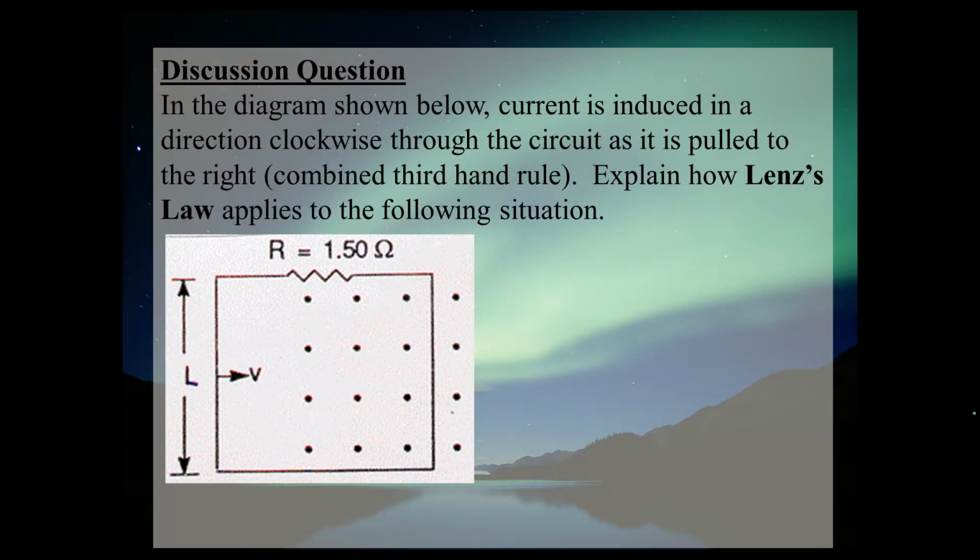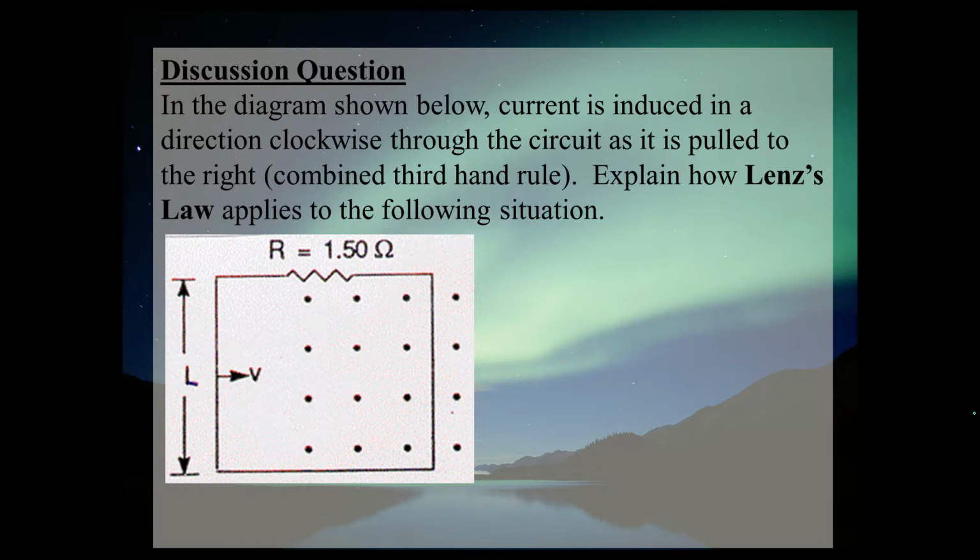All right, just one more quick question dealing with how we can apply Lenz's law. This is one of the examples we dealt with last time. We had a complete circuit and we pulled this thing through a magnetic field and we wanted to determine what the direction of the induced current was.